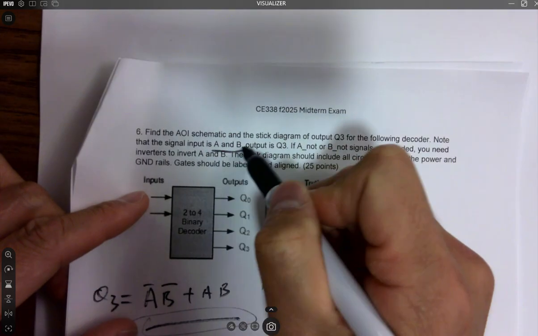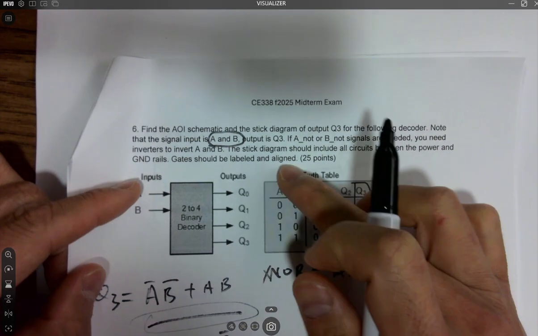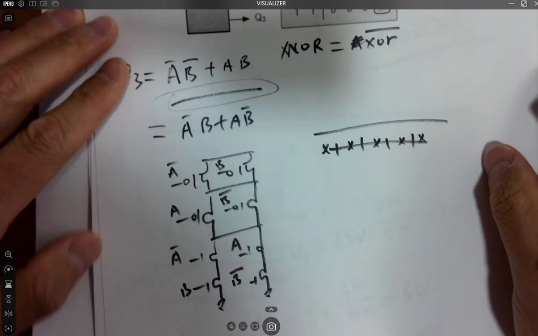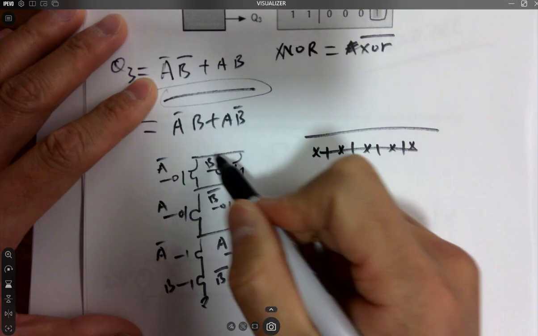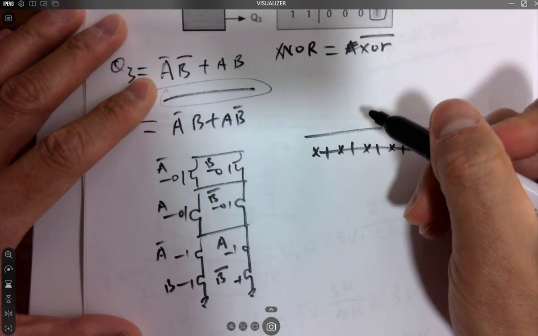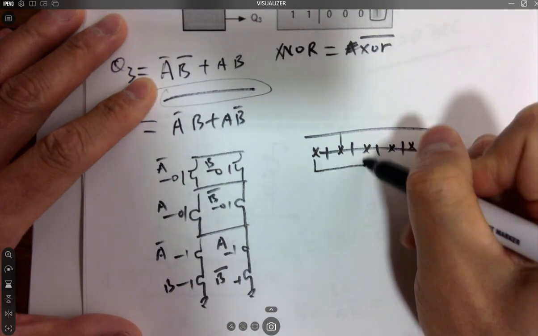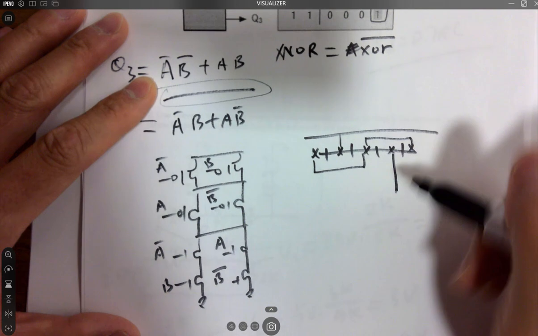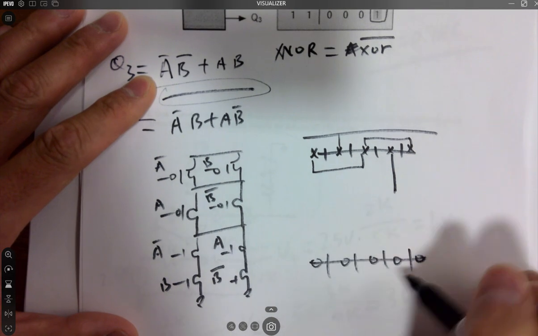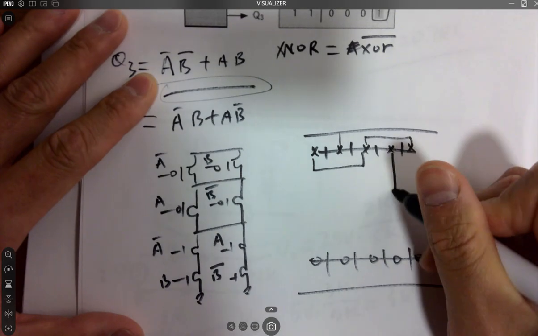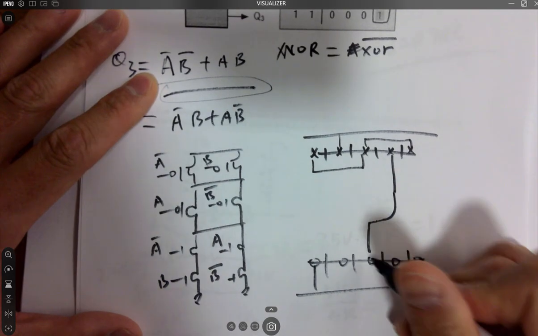It's given that only A and B are inputs, so you need the inverters if you need B not, A not, B not. But we can add it later, so let's do this for now. A not B, 2 in parallel, and 2 in parallel, and 2 in series.